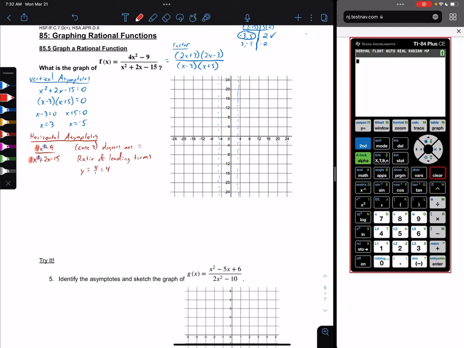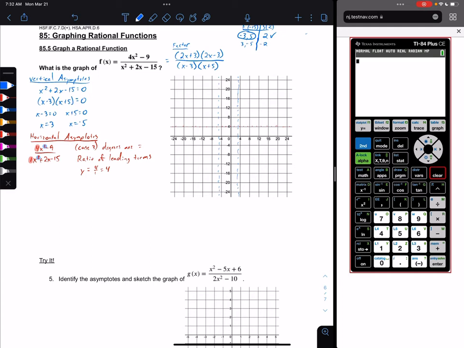So I have a horizontal asymptote at y equals 4, and we're going to graph that in right here. Now remember, our graph can cross the horizontal asymptote, but it will approach it as you go towards positive and negative infinity. It is possible to cross a horizontal asymptote. You cannot cross over a vertical asymptote.